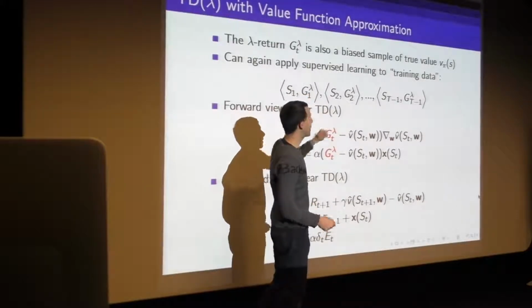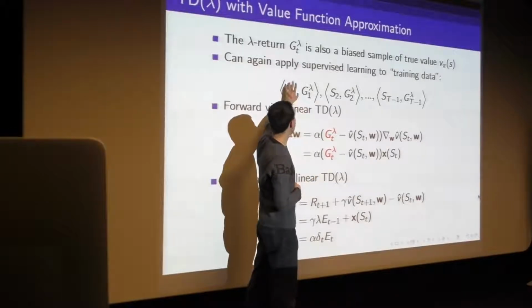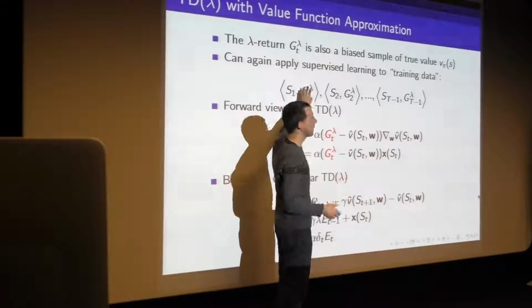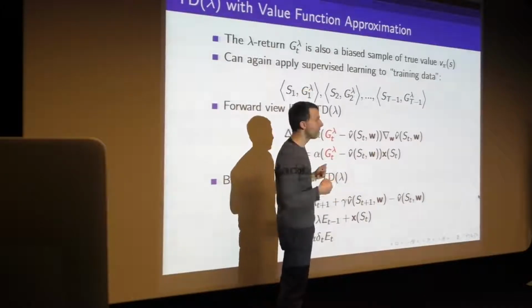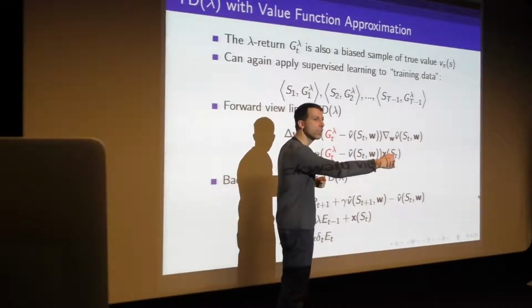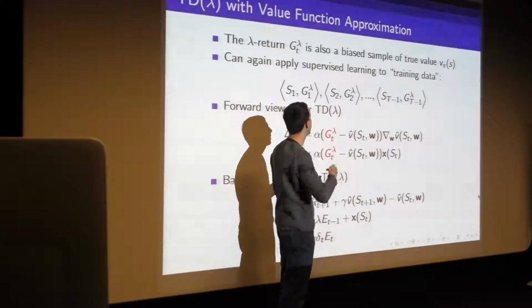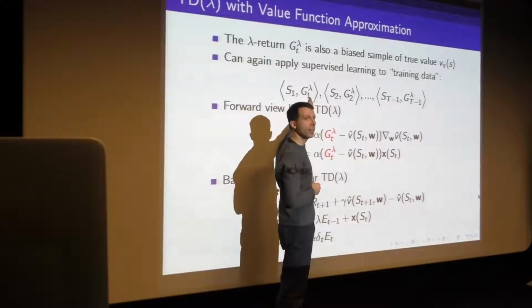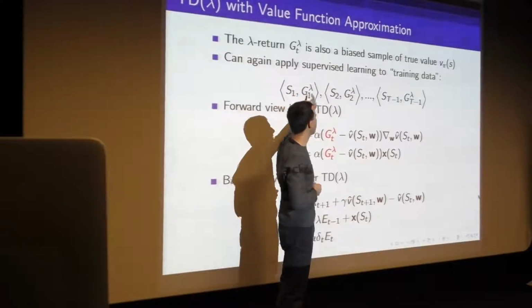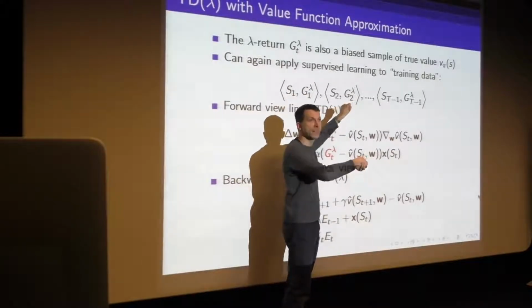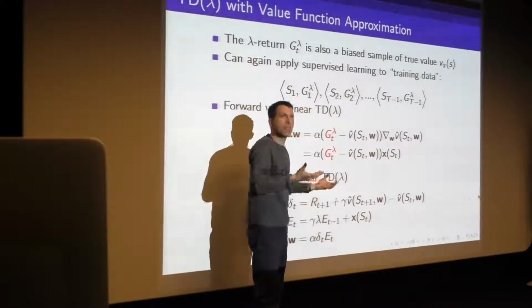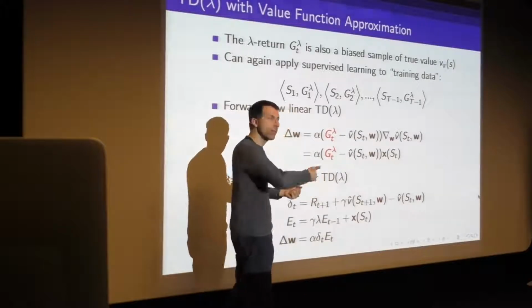We want to take a lambda-weighted combination of what I think is going to happen after 1 step, after 2 steps, all the way up to infinite steps, call that our lambda return, and then fit our value function at each of these states towards those targets. We're going to do this incrementally, step by step, but conceptually there is this data set that we're moving through.